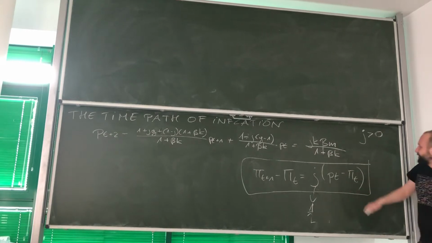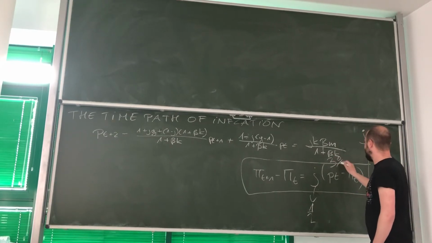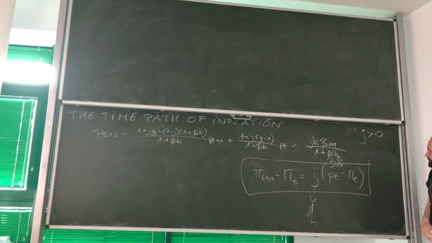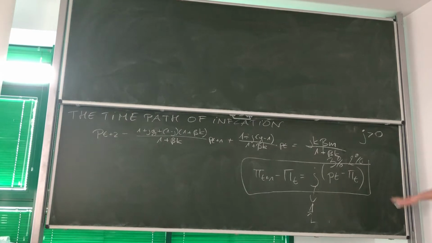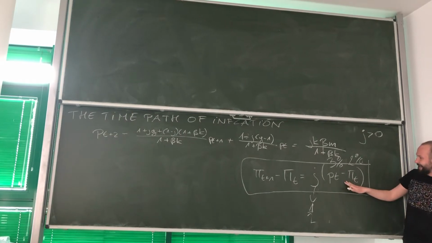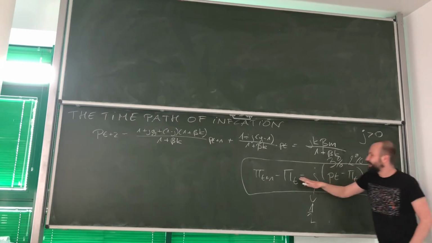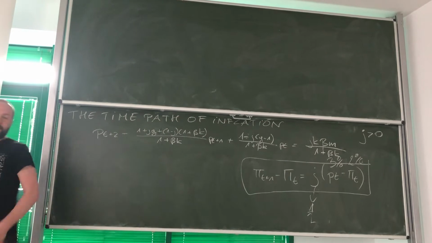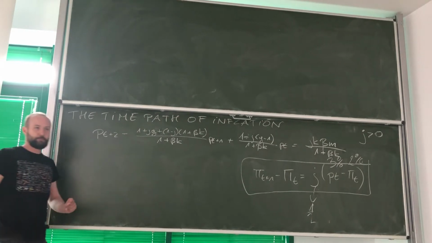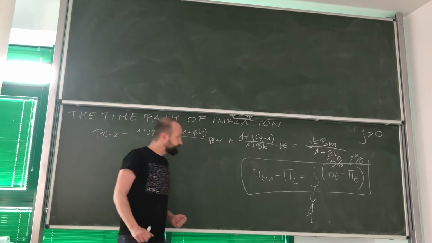Now, if actual inflation is, let's just say, 3%, and expected inflation is 2%, we've got 1% inside. And it means that the expectation about future inflation is going to be 1 percentage point higher.